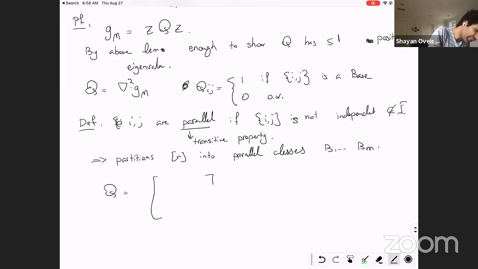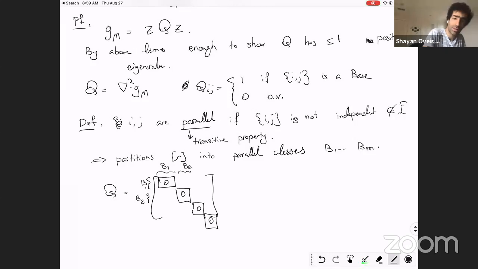So in particular, I can arrange the rows and columns of Q such that I have the rows corresponding to B1 here, the rows corresponding to B2 here, and so on. Then I get this block diagonal matrix where in every block I have 0, but everywhere else I have 1.